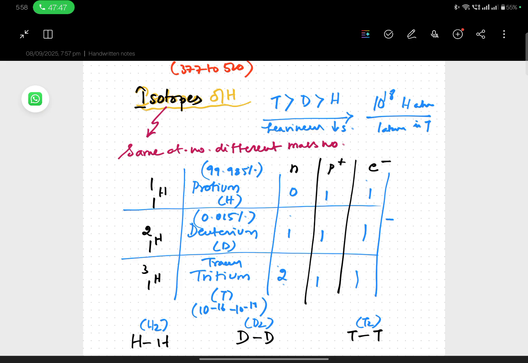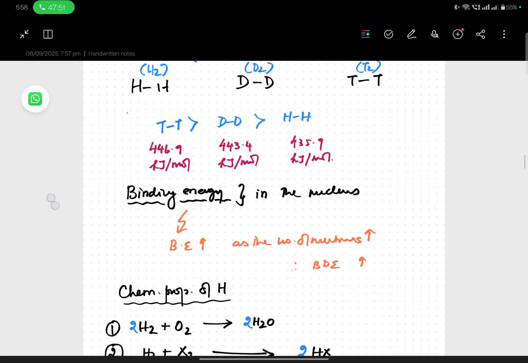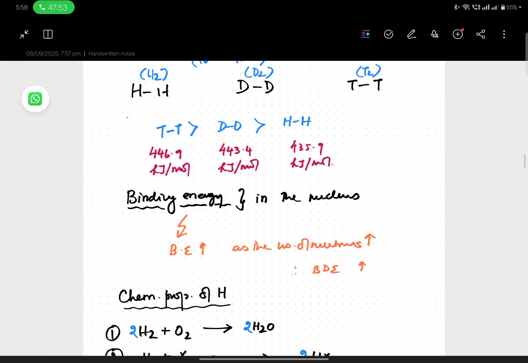Then protium H2, that is H molecular, D molecular and T molecular. In that T molecular, tritium molecular has 446.9 kilojoule.